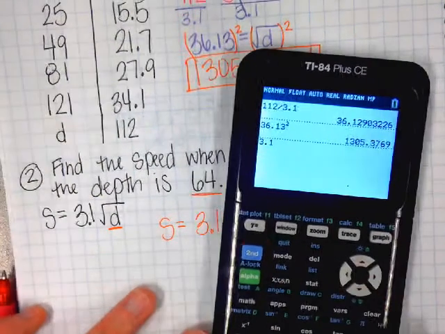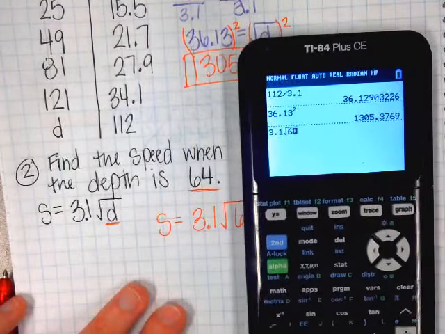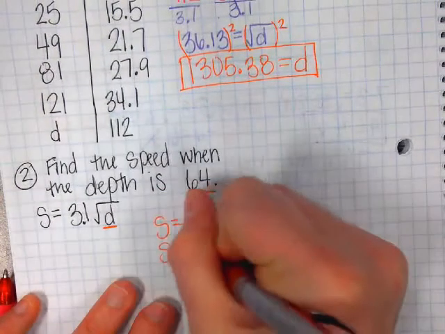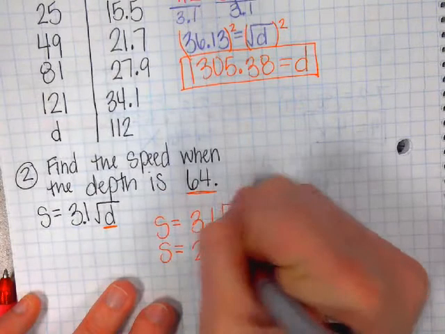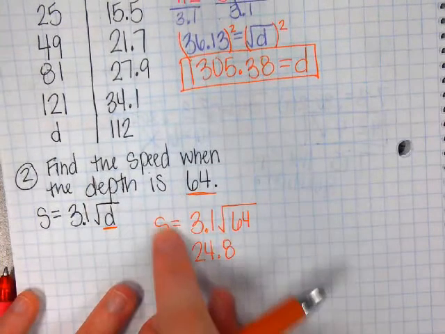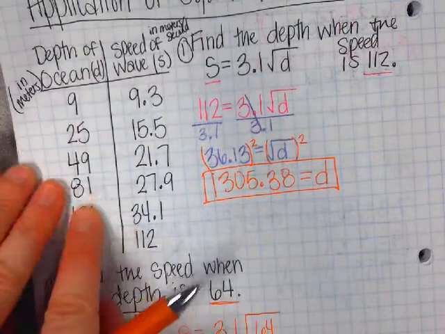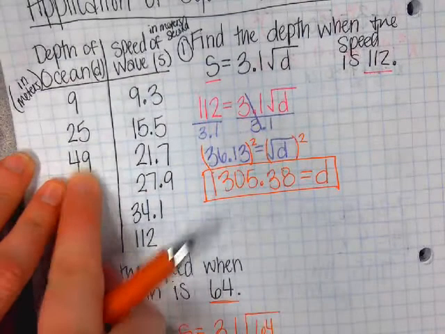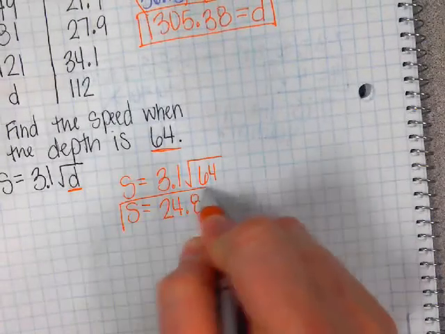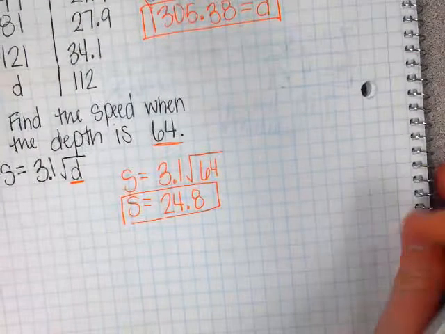So it's 3.1 times the square root of 64, which is 24.8. So the speed would be 24.8. And if I look at a depth of 64, that's between 49 and 81, so I need a speed between 21 and 27. That makes sense. So that is our speed.